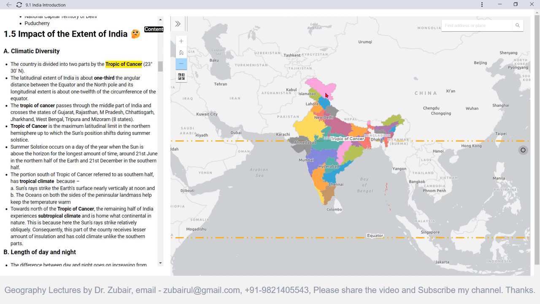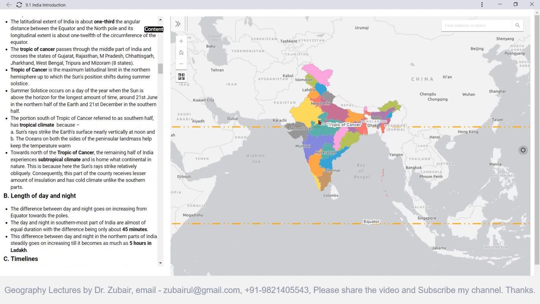There are severe cold temperatures in the northern part of India, especially in Jammu and Kashmir, the Ladakh region, and also Himachal Pradesh. So as the latitude increases, as you move up, especially above the Tropic of Cancer, the sun rays will be more slanty, not direct. That is why the insolation will be less here, and because of this less insolation, the temperature will be lower in the northern part of India.